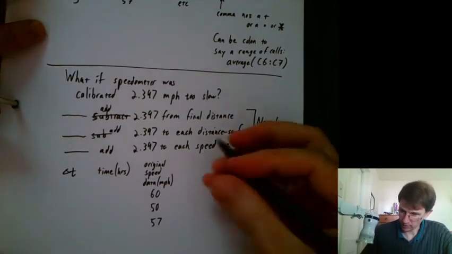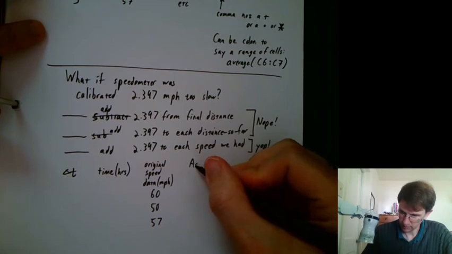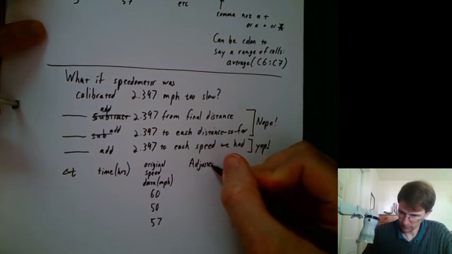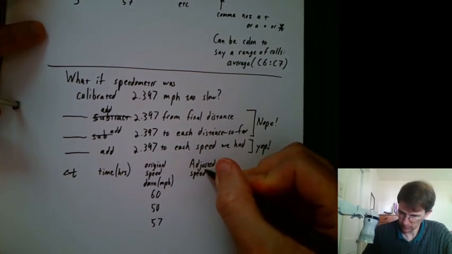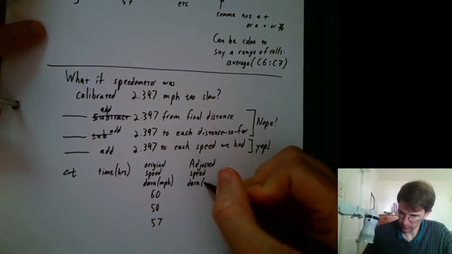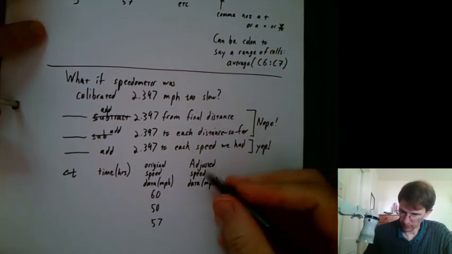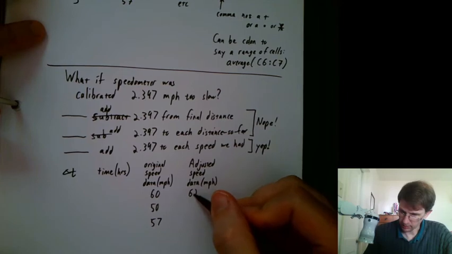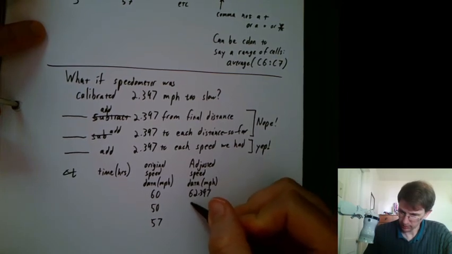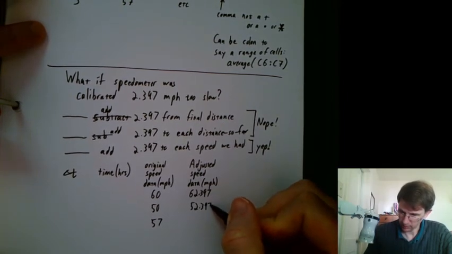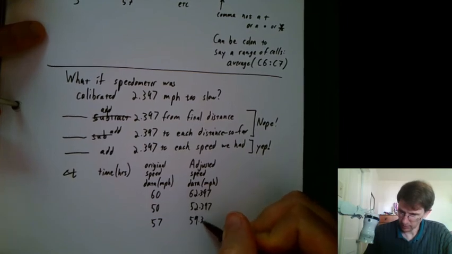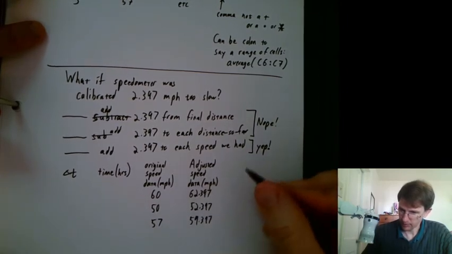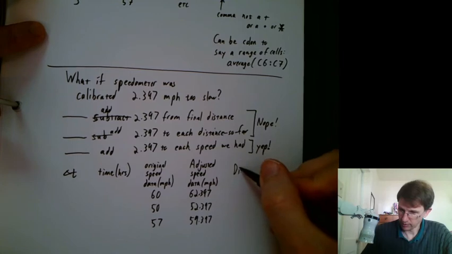And then I would have adjusted speed data in miles per hour, and that would be 62.397, 52.397, 59.397, etc. And then I'd have the distance so far.